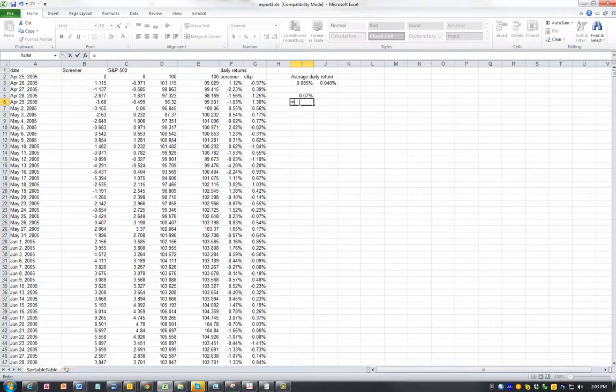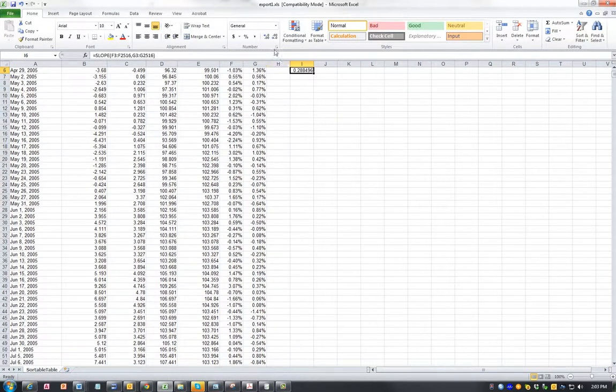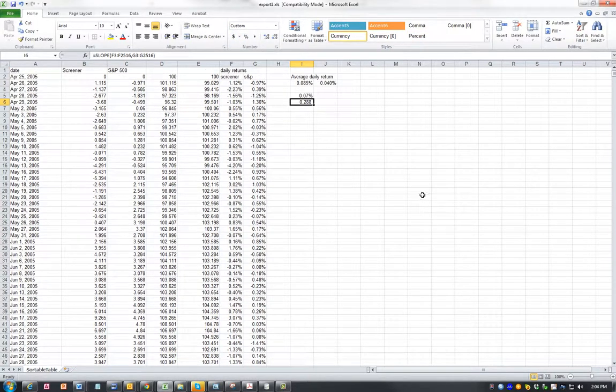And the beta, actually we can compute the beta too, speaking of the beta. So you'll compute the slope, and again the known y's, the known x's. Okay, so the daily return beta is 0.3.